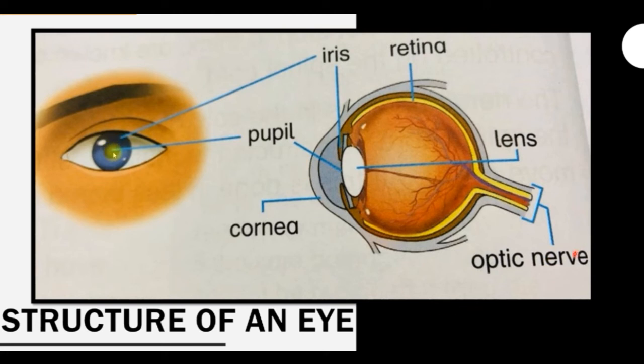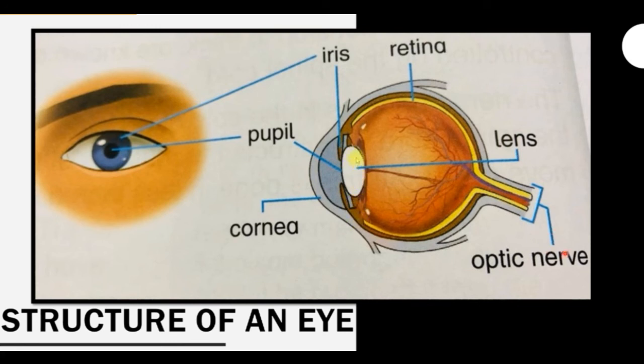Okay, after that we have this transparent part. This is known as the cornea, which covers and protects the iris, pupil, and other inner parts of the eye. Now, moving towards the lens.